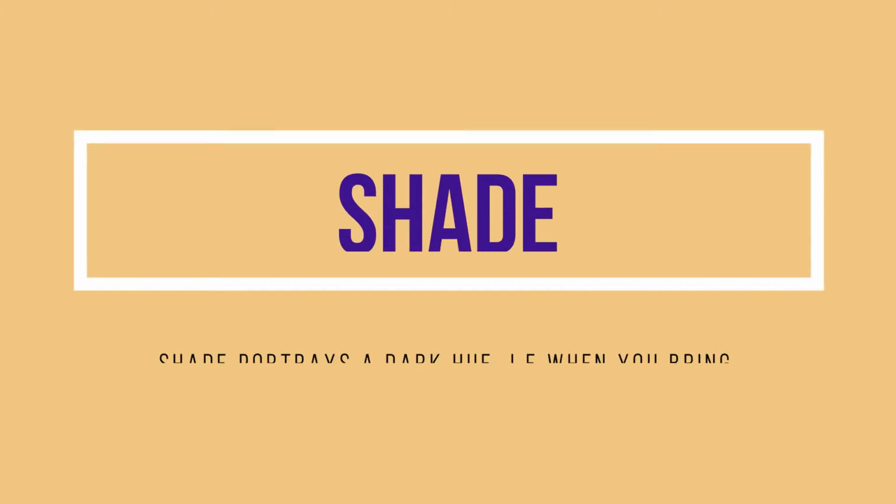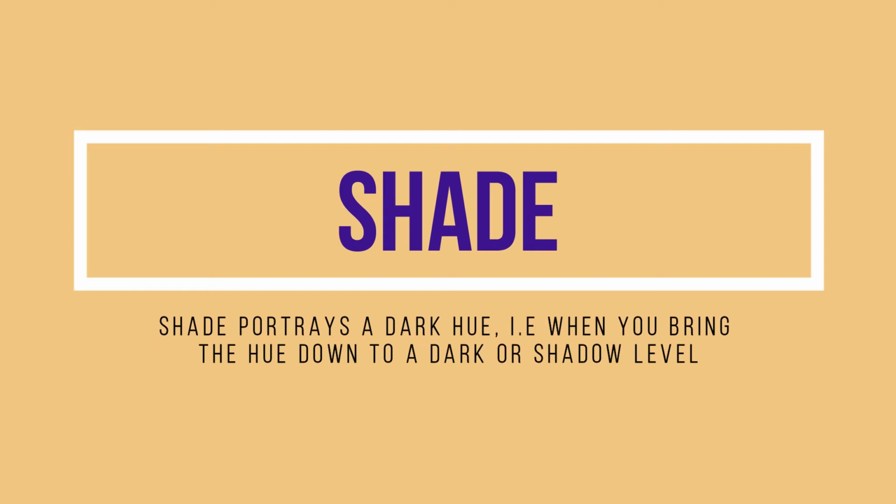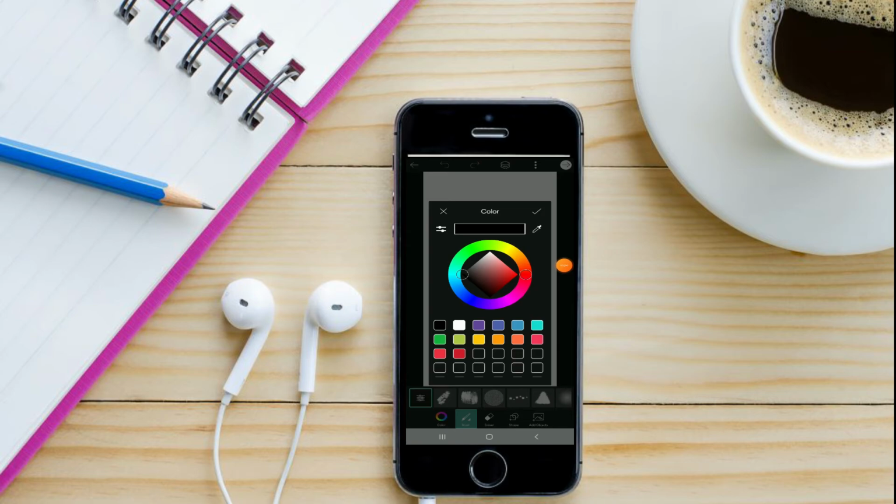And number two is shade. Shade portrays a dark hue, that is when you add black to your hue. Let me show you an example of shade. So when we talk about the shade, this is what we mean. So let's choose a color.